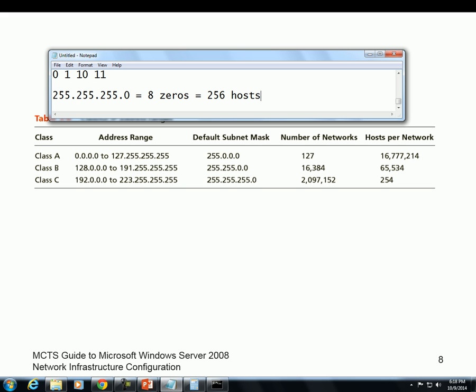So the subnet ID is like saying Tree Line Drive. So where do I live? I live at 8412 Tree Line Drive. My street is Tree Line Drive. My house number is 8412. So we have a subnet ID, which is kind of recognizing the street.